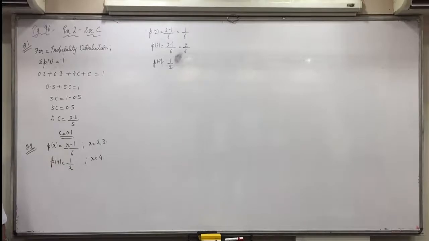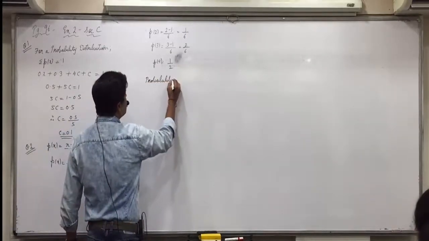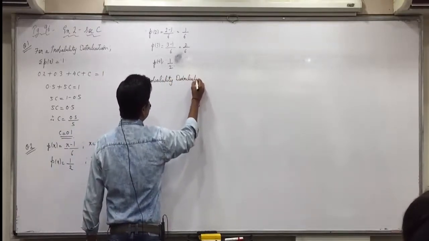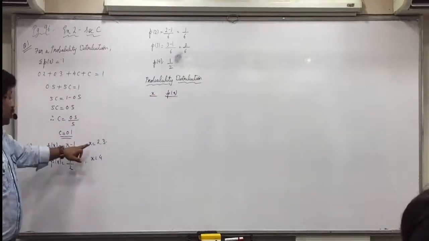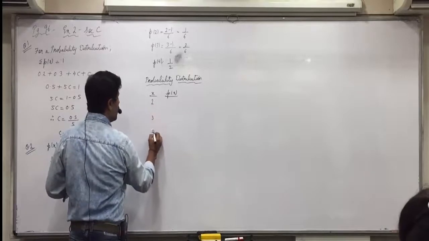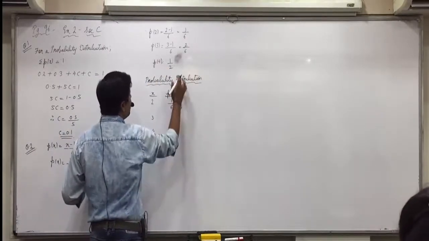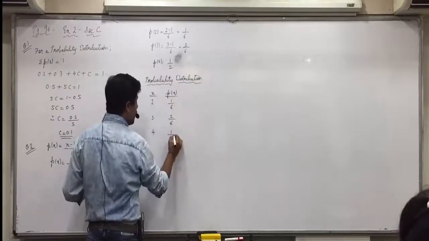Now what is asked is the mean. So first we will write the probability distribution, that is x and Px. X values are 2, 3 and 4. Probabilities are, for 2 the probability is 1 by 6, for 3 it is 2 by 6, and for 4 it is 1 by 2.